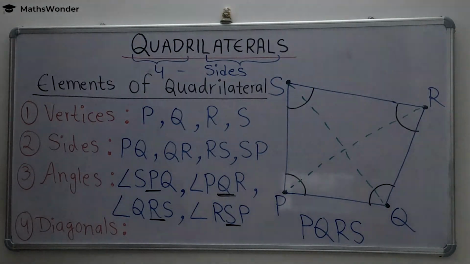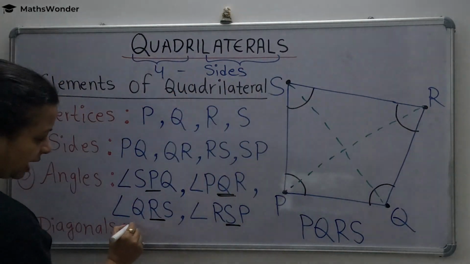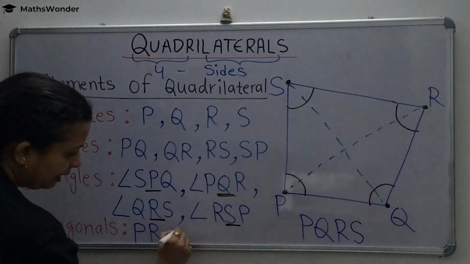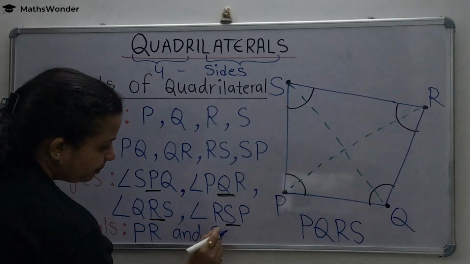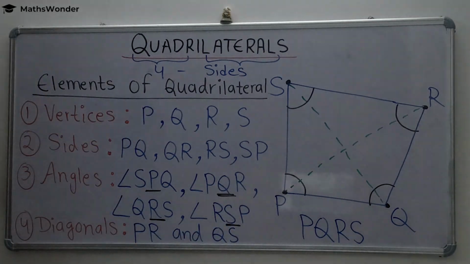Okay. So what are the names of the diagonals? There are 2 diagonals in a quadrilateral. What are the names? PR and QS. Write down, PR and QS are the 2 diagonals of the quadrilateral PQRS.